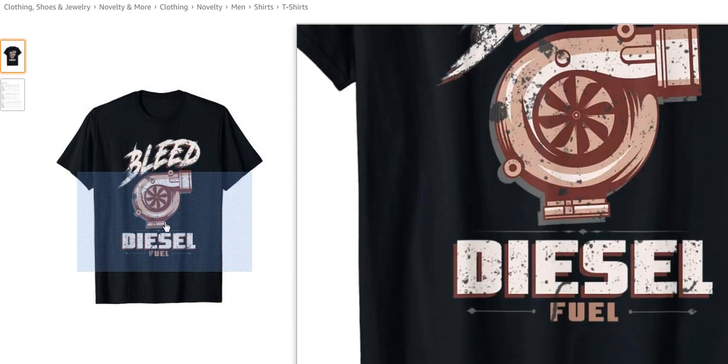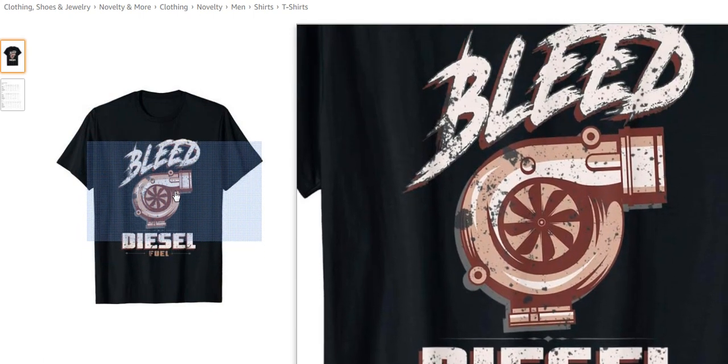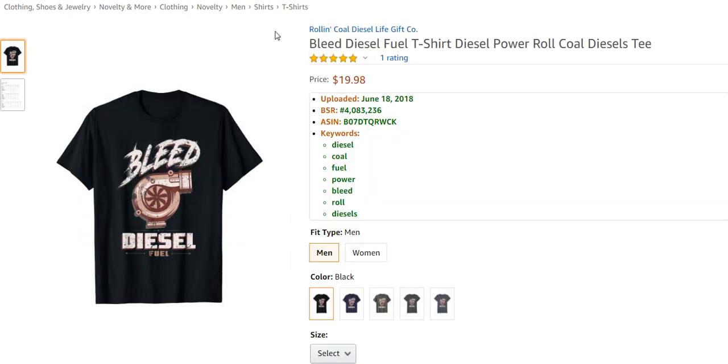This is the design, bleed diesel fuel, and basically this is, I guess, a brand name, so this is a very specific brand name, and the title itself is the text on the t-shirt, but then they go further and basically say bleed diesel fuel t-shirt, diesel power, roll call diesels t-shirt.